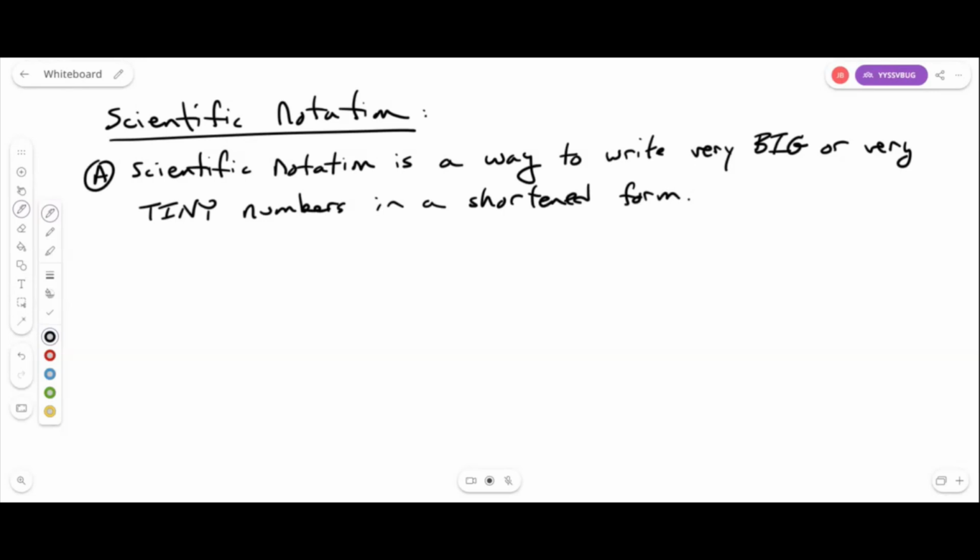Scientific notation is a way to take a number that is very big or a number that is very tiny and write it in a shortened form.